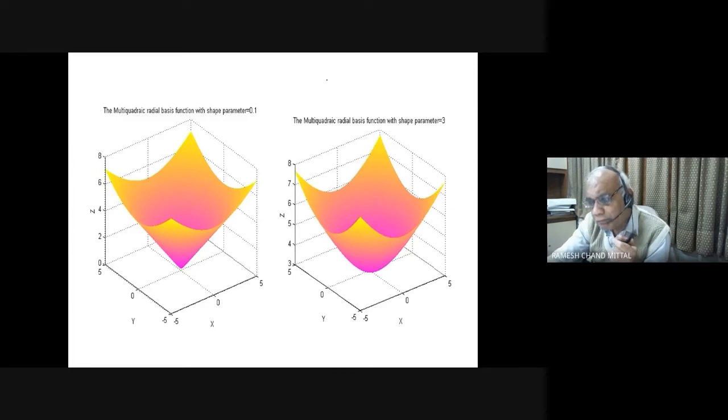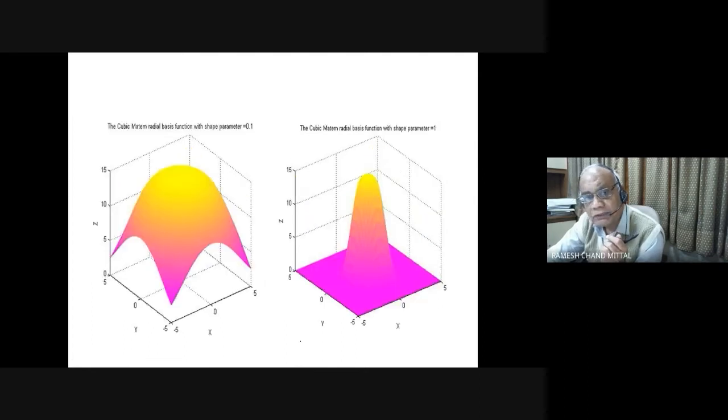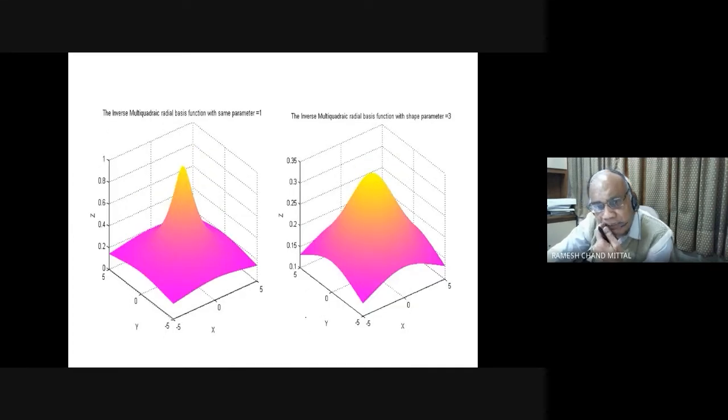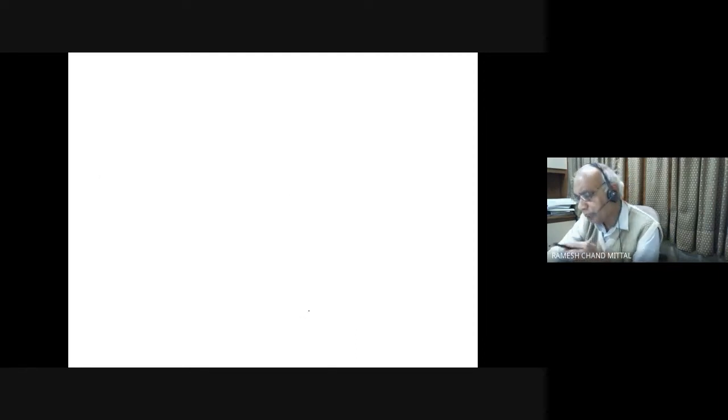The point is that much information is near the point around which you want to approximate. So this is the cubic pattern for parameter 0.1, and this is for 1. This is a multi-quadratic.